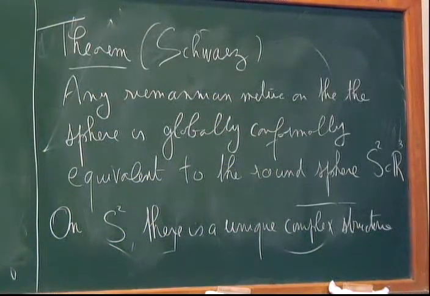So this is the first example in history of a global uniformization theorem. You are given a structure like a global surface, and globally you map it to a standard object, in this case the round sphere.